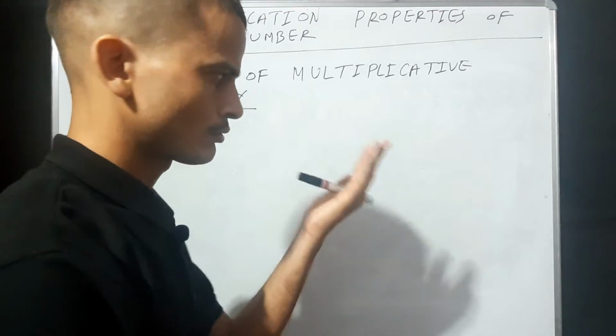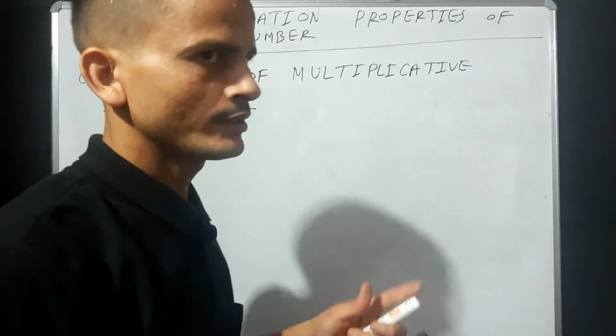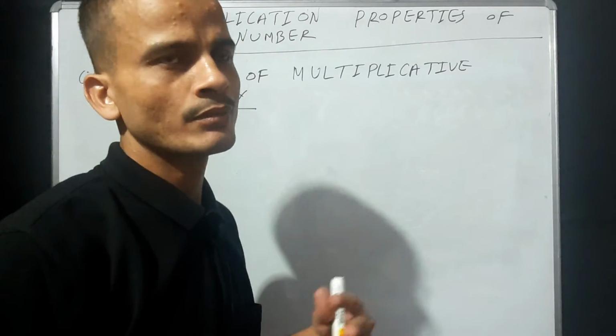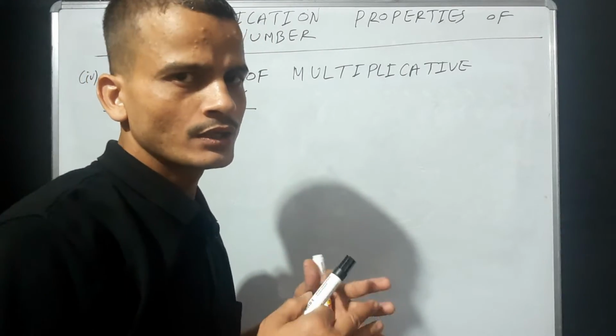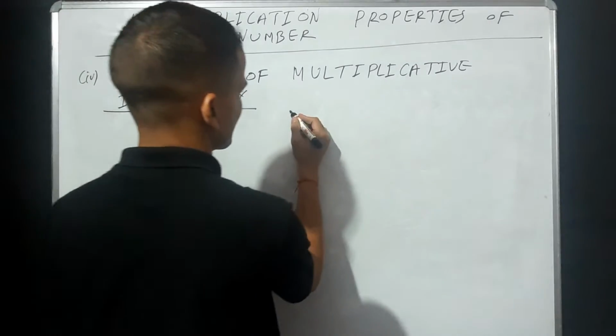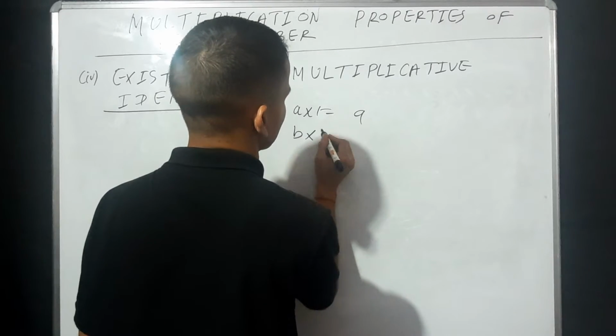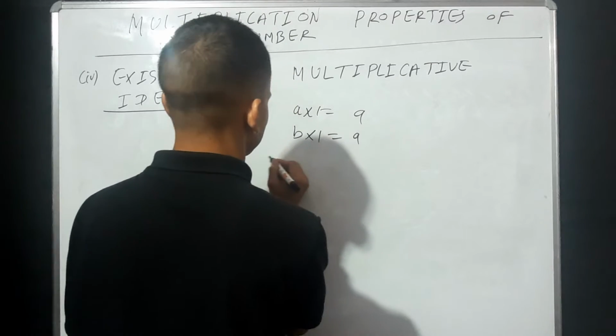Think about it. 1 is the number such that when we multiply any number with 1, we always get the same number as the result. When we multiply a by 1, we get a, and 1 by a also gives a.